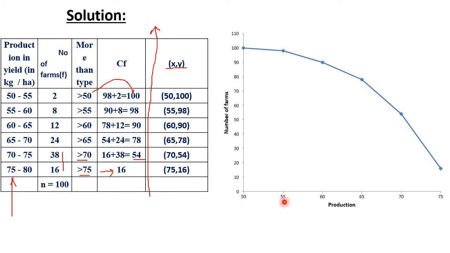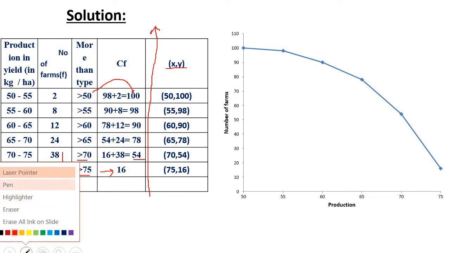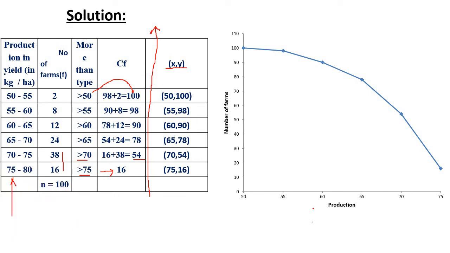Here 50, 55, 60, 65, 70, 75 are the lower limits of the class interval.